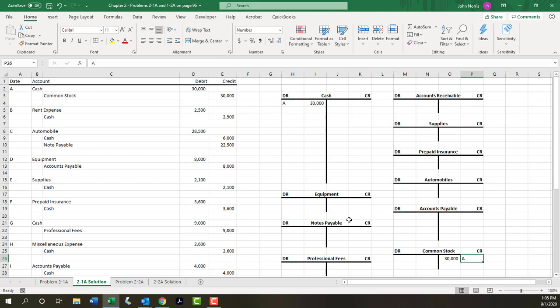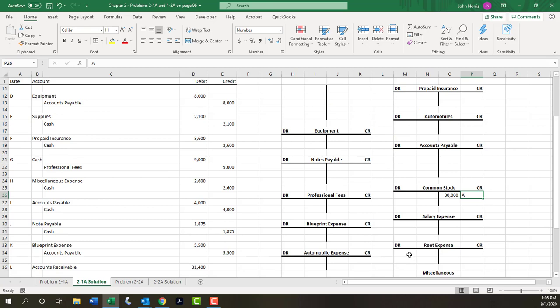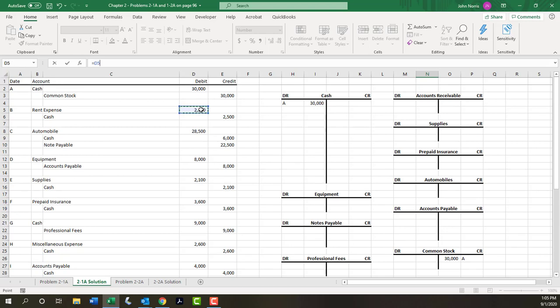So B is rent expense, and the credit is to cash. C is to automobile. There are two credits, one to cash and the balance to notes payable.